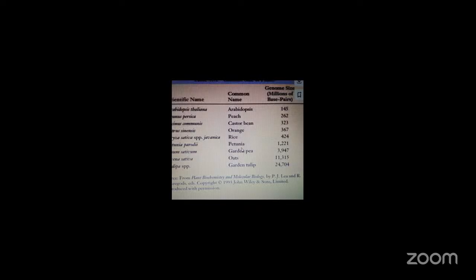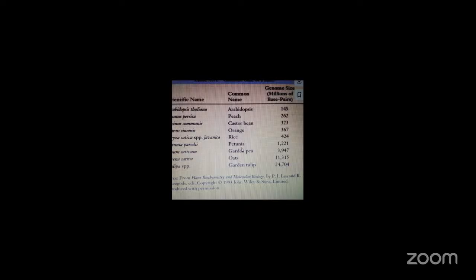Ricinus communis, the castor bean, which we call castor, has 323 million base pairs. Another one is citrus, which we commonly call oranges. Oranges have 367 million base pairs of genome size present in the citrus.